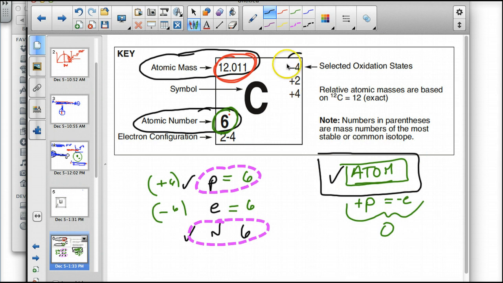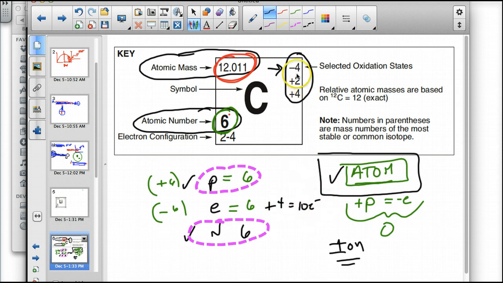Now, these things right here are charges that the element loves to become when they become ions. So if you say ion, that means the atom has lost or gained electrons. A little preview, as I'm running out of time: if the carbon atom became a -4 ion, it would become -4 by actually gaining 4 more electrons, and that would be 10 electrons.